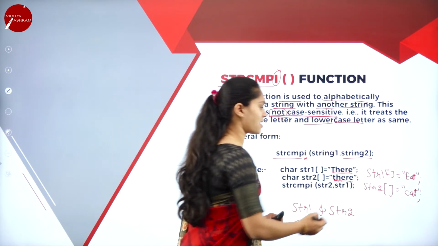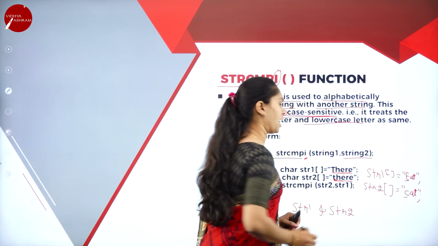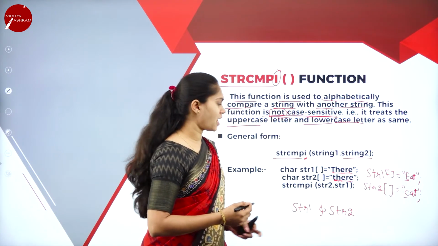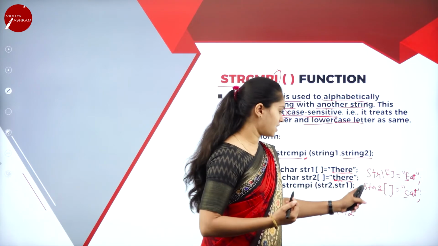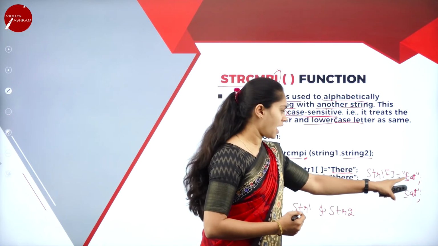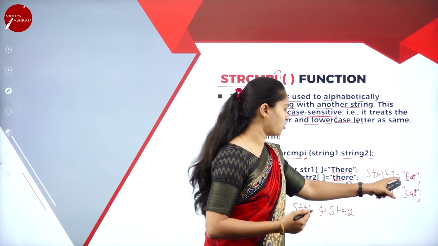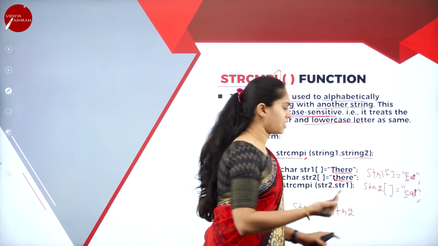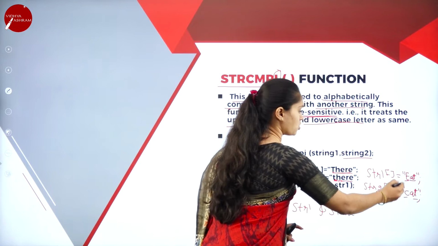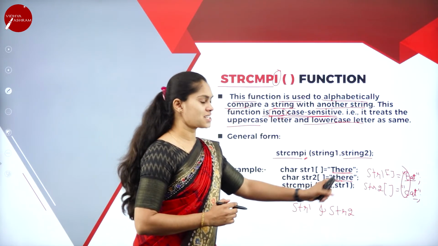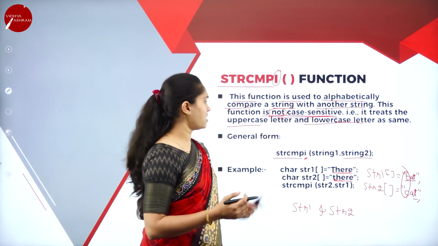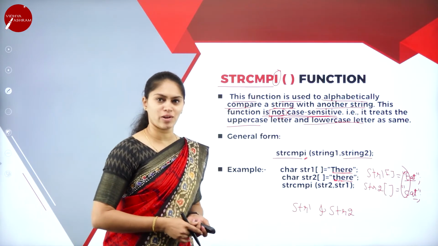Here we have an E, here we have a C. Based on that it will consider str1 greater than str2. Why? Because we have different values in the first character and the remaining two values are the same. So it will make a difference only between the first character of each string. This is how this strcmpi function will work.